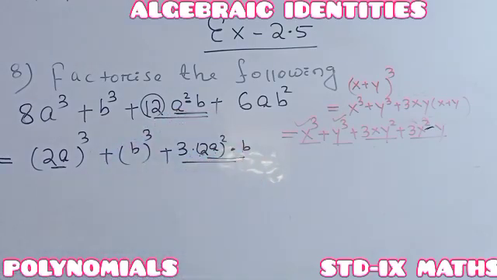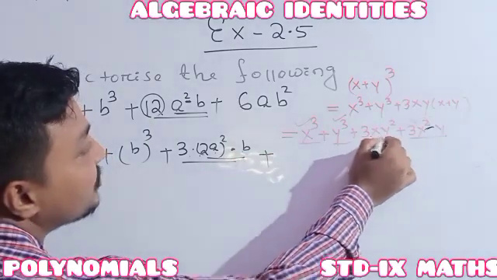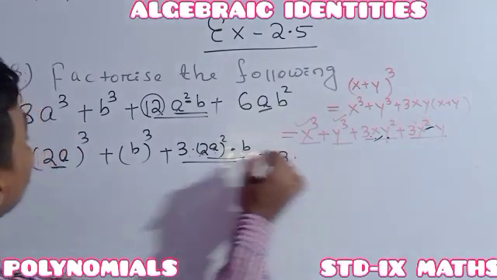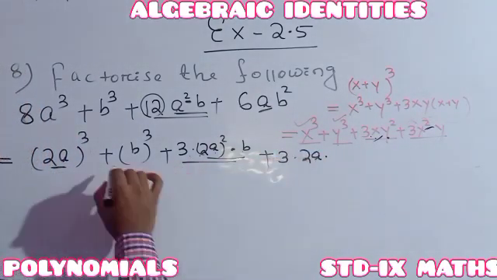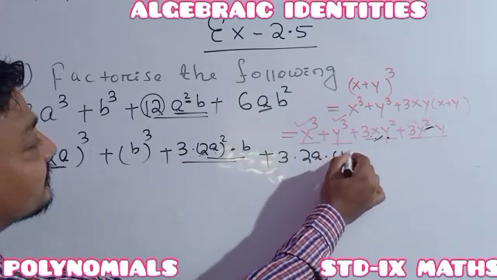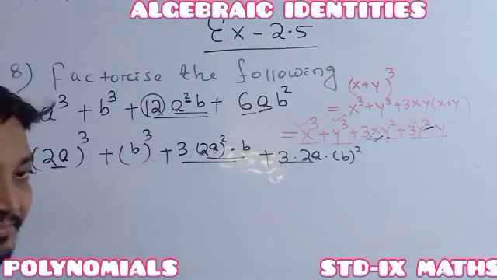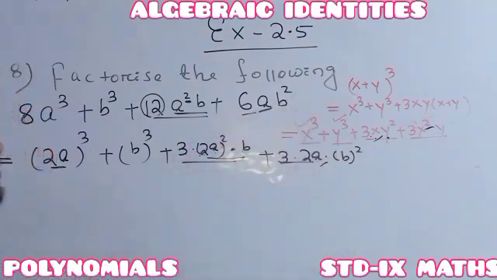Then another one is 3xy square. So 3x means first term, which is our 2a. 2a, y square means b square. Check: 3 into 2 is 6, matching with 6. A matching with a. Here b square matching with b square.